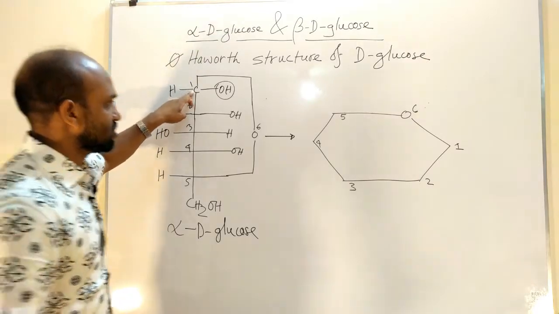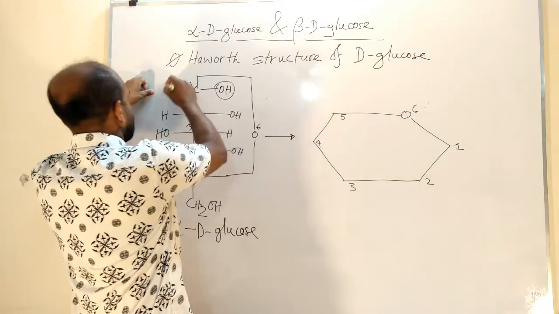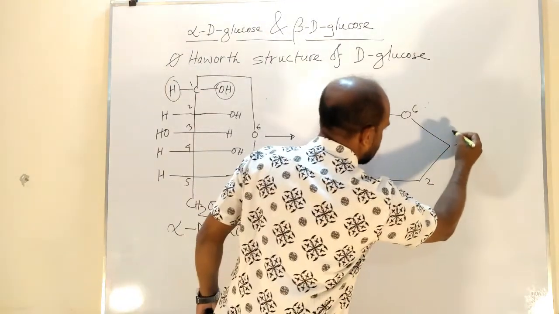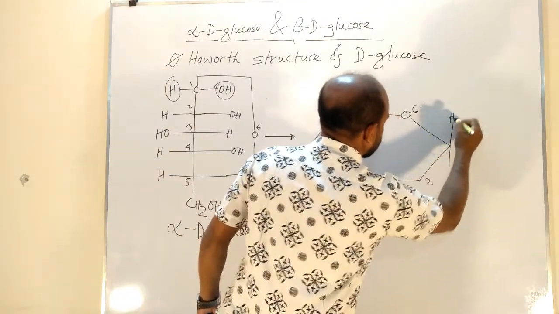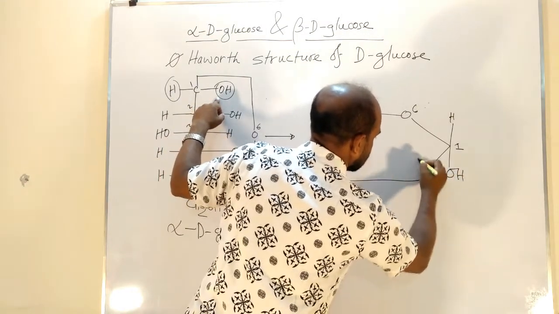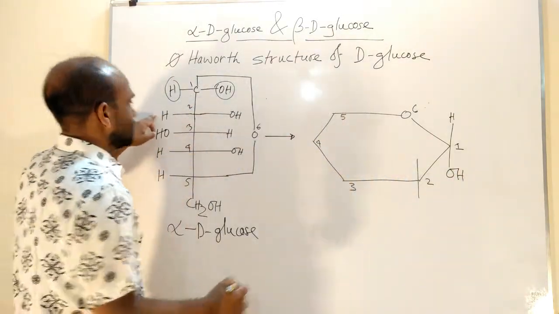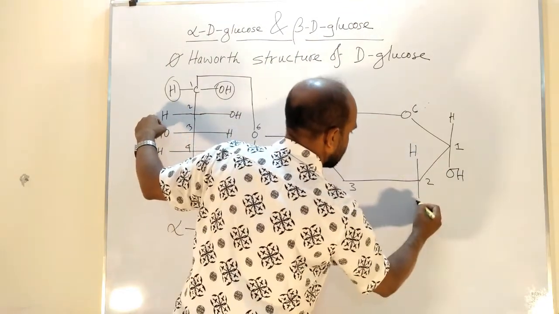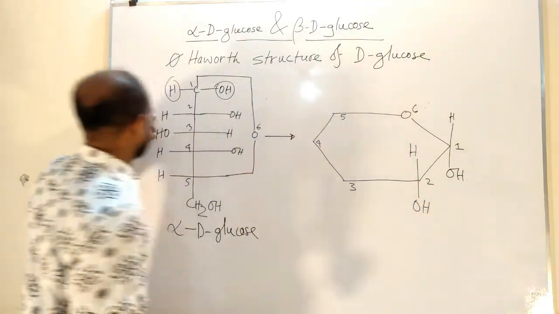Let's write this carbon number 1. This is on the left side, so it will be written above the plane, and this is below the plane. And second carbon, this hydrogen above the plane, this is below the plane.